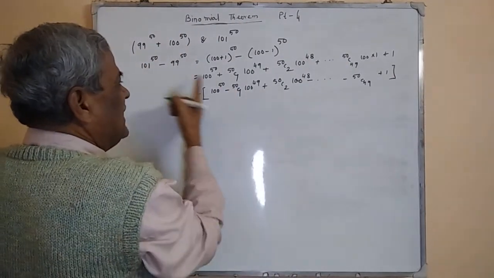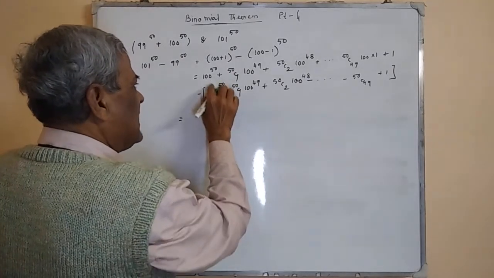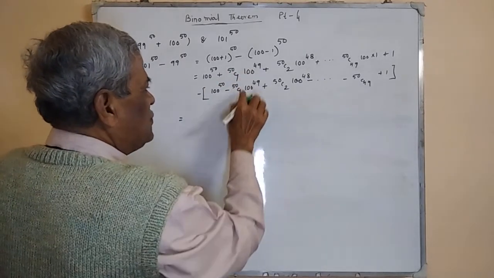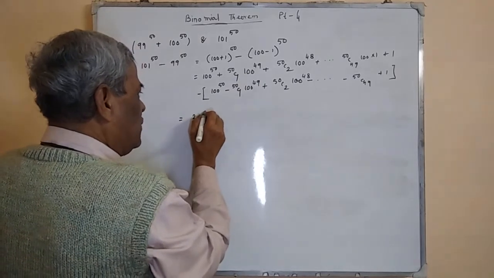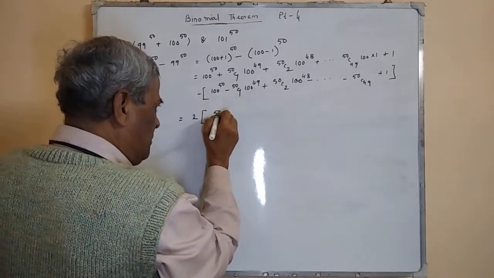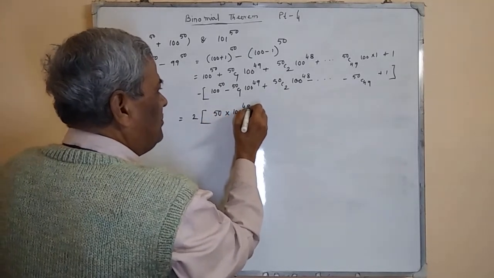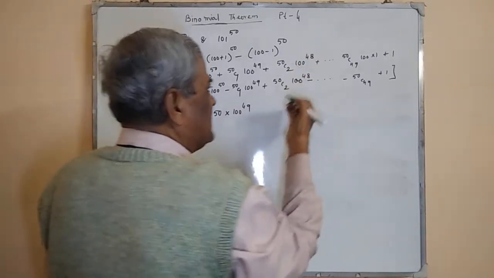So this minus that is equal to this minus that. Adding them, we see this cancels. This is 2 times that. 2 times 50C1 means 50 into 100 to the power 49. These two will be cancelled.